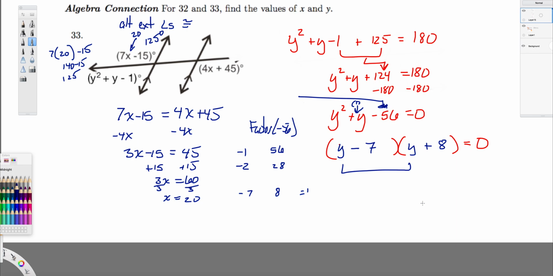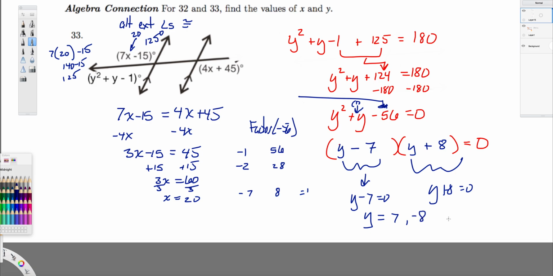So let's take this and set it equal to 0. Let's take this, set it equal to 0, and solve. y is 7 or negative 8. Those are our values right there.